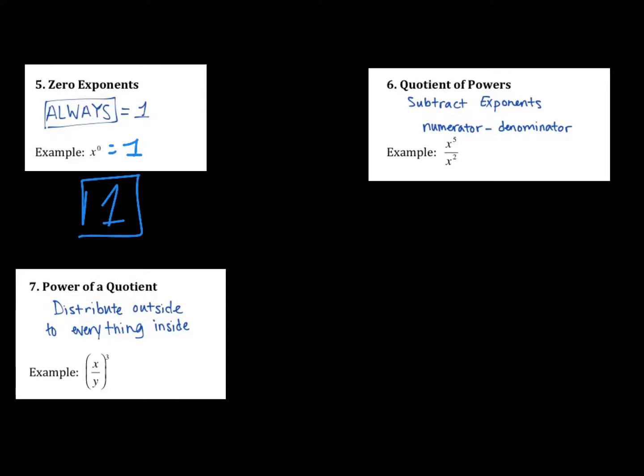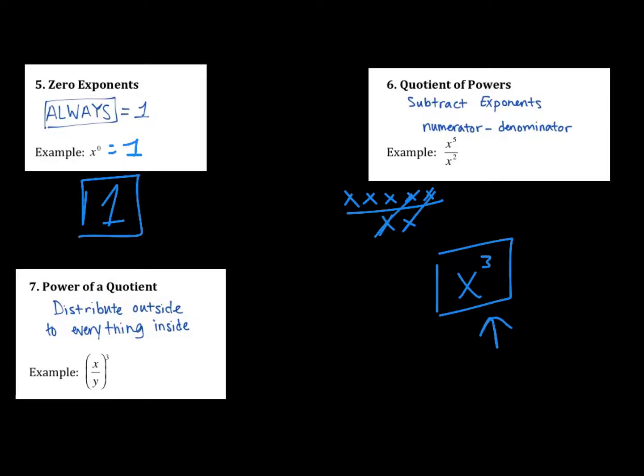So you would do x to the 5th divided by x squared, and do 5 minus 2, and get x cubed, because that's really 5 x's over 2 x's. So those cancel out, and you're left with 3 x's, and x times x times x is x cubed.